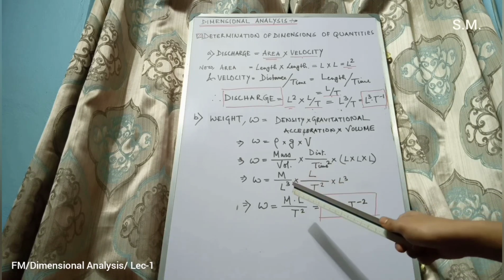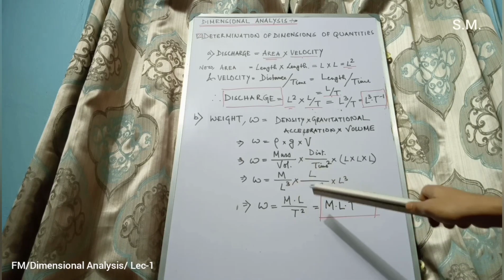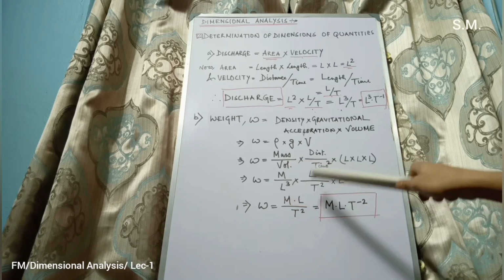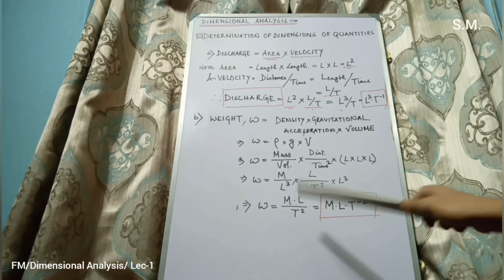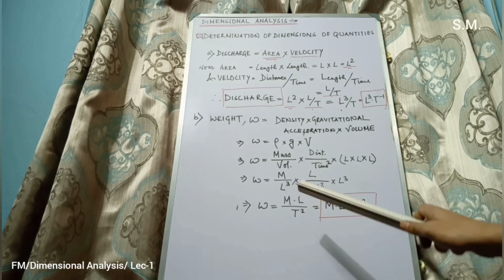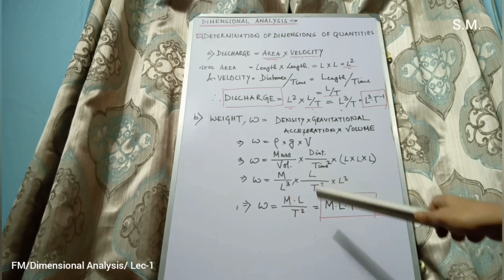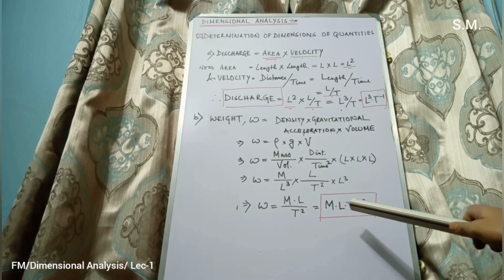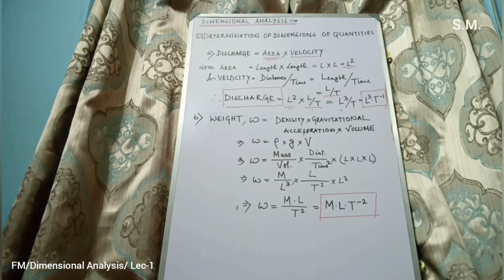Now the next line, M L by T square. So when we modify this equation, it becomes weight equals M L T inverse 2.